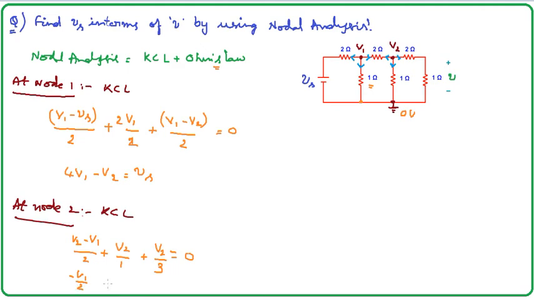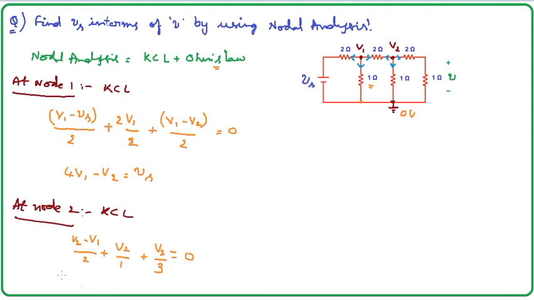or you can take LCM also. Let me take LCM here so that it will be very easy for you. If I take LCM 6, then 6 means it is 3V2 minus 3V1, and here it will be 3V2, and here also it is 2V2. Let me write here.